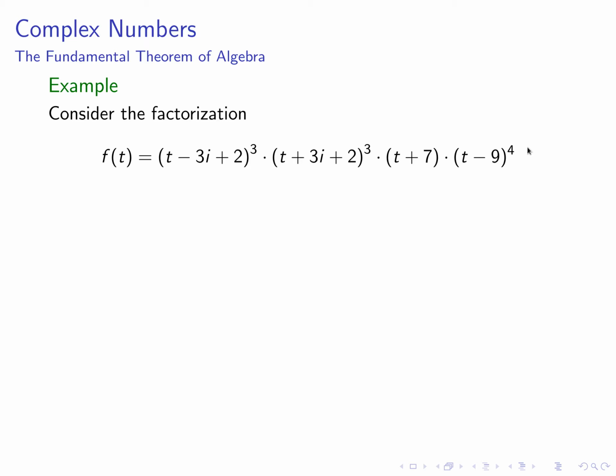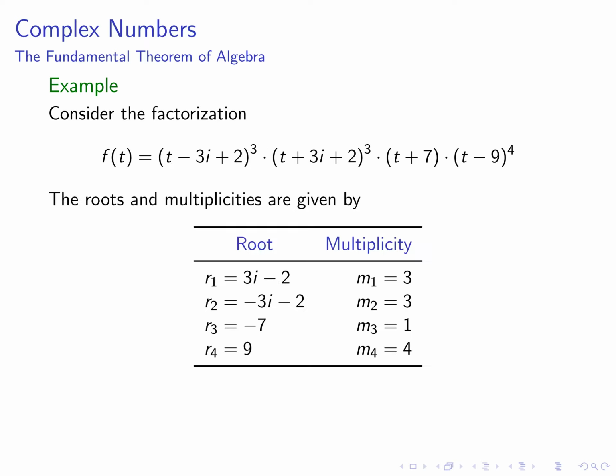Each one of the factors in this factorization is of the form t minus a root raised to a power. So with this factorization, I can actually list off all of the roots of this polynomial.